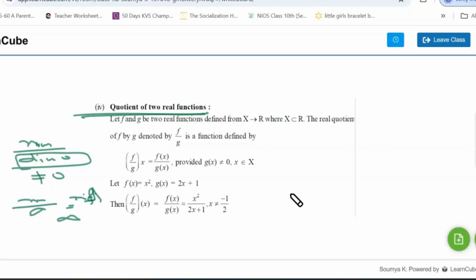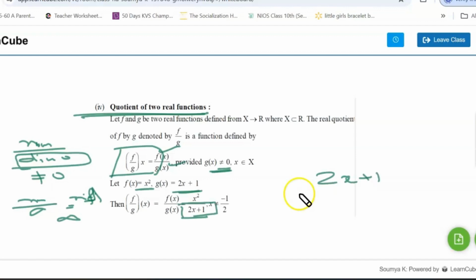If f of x and g of x are the two functions, this is how you find their quotient, f by g of x. In that case, g of x should not be equal to 0. Given the same functions written here, the term that comes as the denominator is 2x plus 1, and it should not be equal to 0.